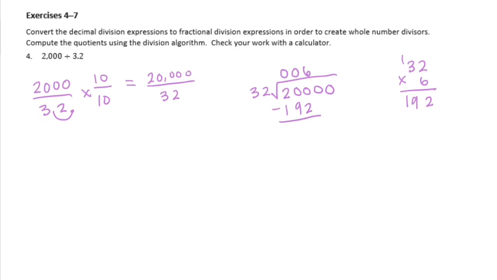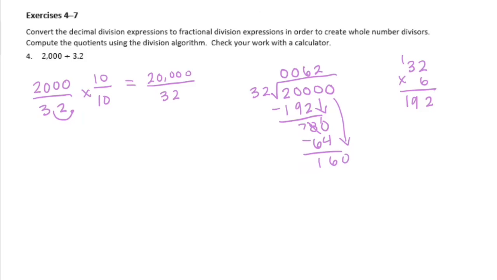That was 192. 200 minus 192 is 8. Bring down the 0. 32 can go into 80, probably twice, because 32 times 2 would be 64. And it becomes a 7, not a 2. So 10 minus 4 is 6. 7 minus 6 is 1.